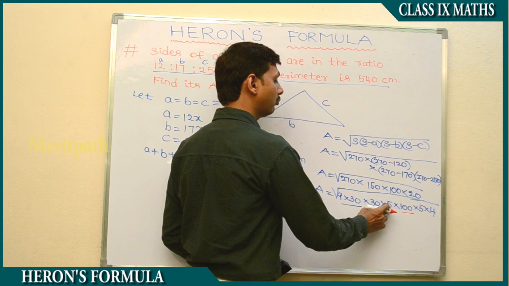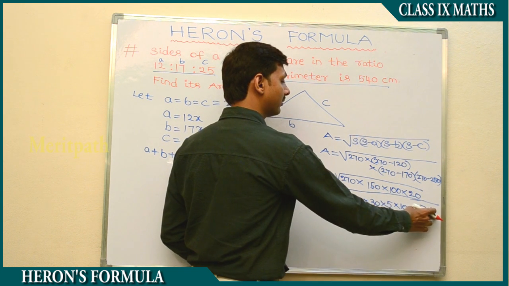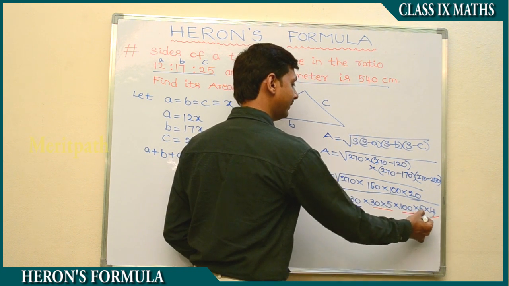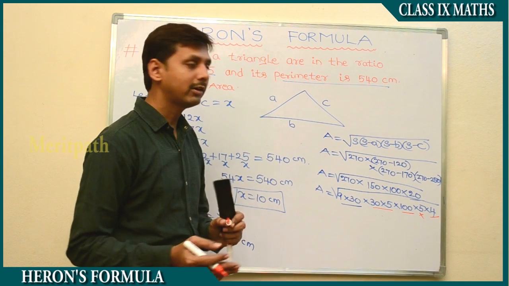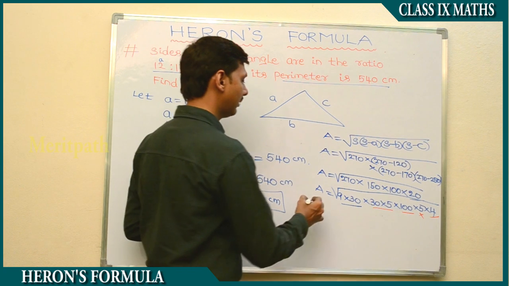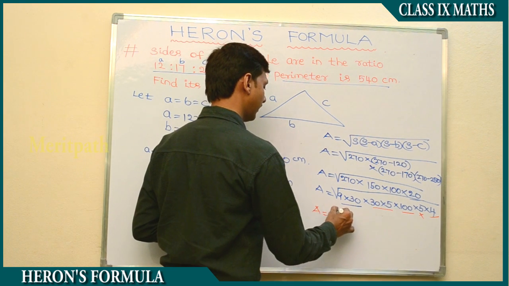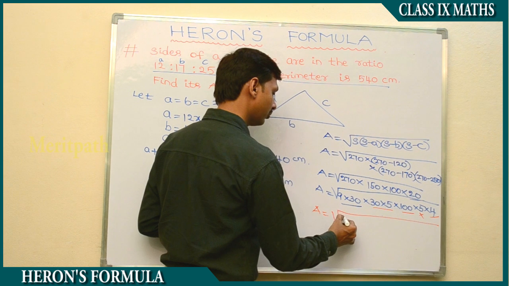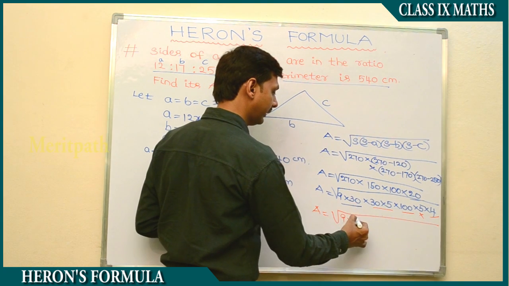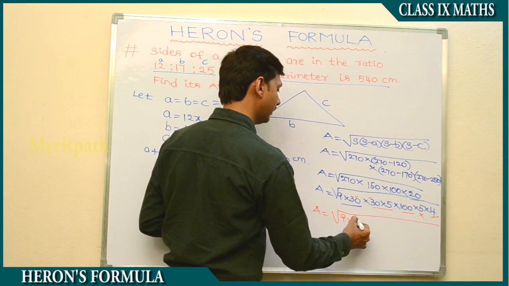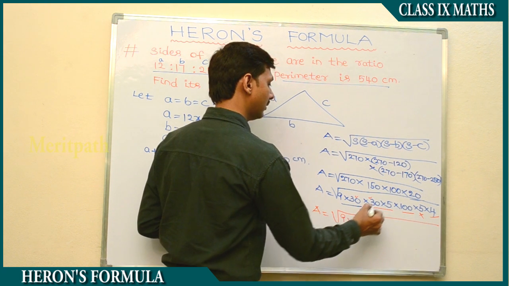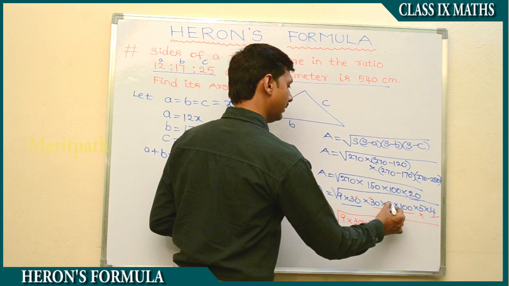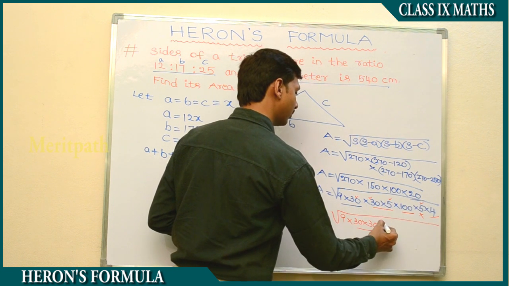We already have one 5 here, and 4 is a perfect square, so 5 and 5 become a pair. Writing in order: 9 is a perfect square, 30 into 30 is a perfect square again, and 5 into 5.